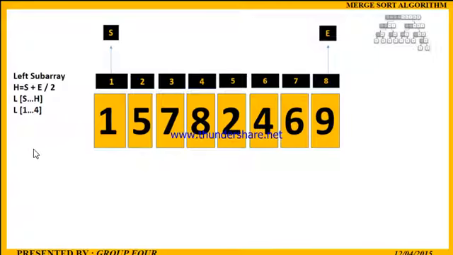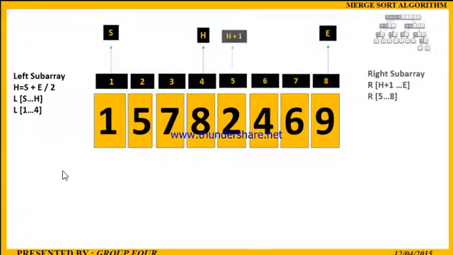Now the left array is going to take S up to H, that is a half, because when we divide this by 2 we get a half, and the half point is going to be at 4, which is H. So the left subarray will contain digits from S to H, which are 1, 5, 7 and 8.